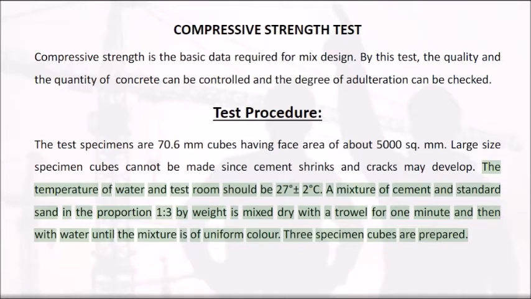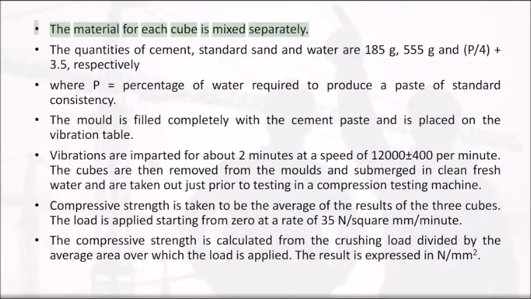A mixture of cement and standard sand in the proportion 1:3 by weight is mixed dry with a trowel for 1 minute and then with water until the mixture is of uniform color. 3 specimen cubes are prepared. The material for each cube is mixed separately.